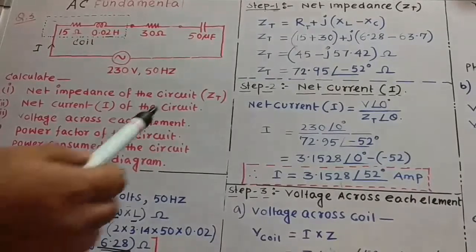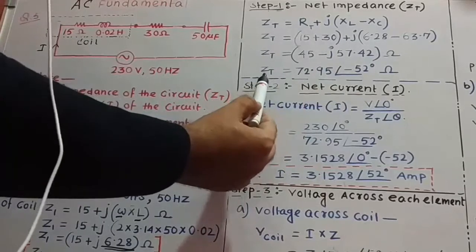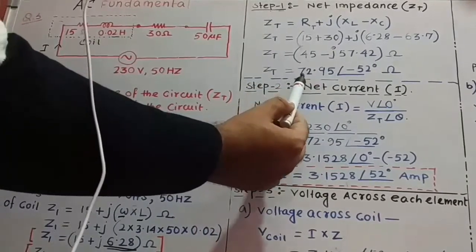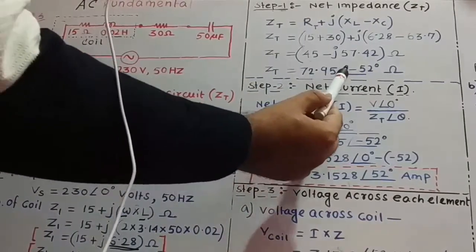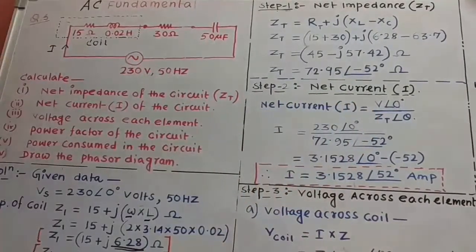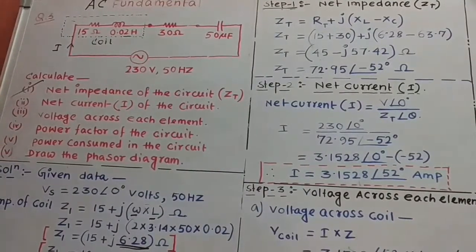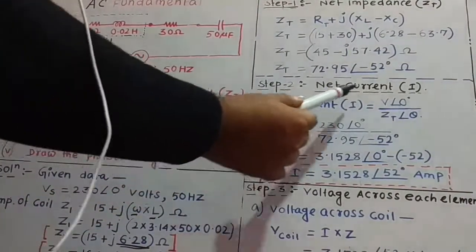So if I convert this rectangular to the polar form, ZT will be 72.95 angle minus 52 degree ohms. That is your first answer, net impedance. Now step number 2, net current.